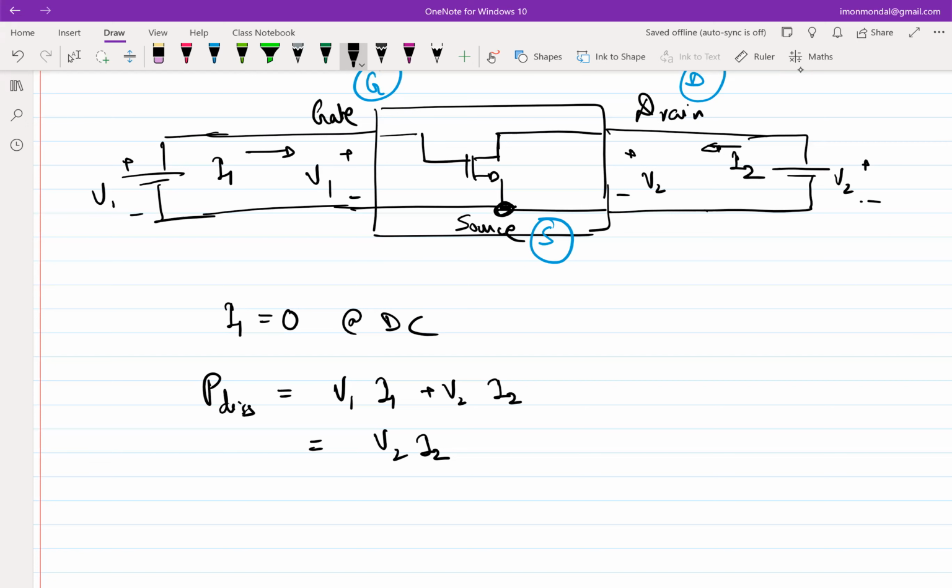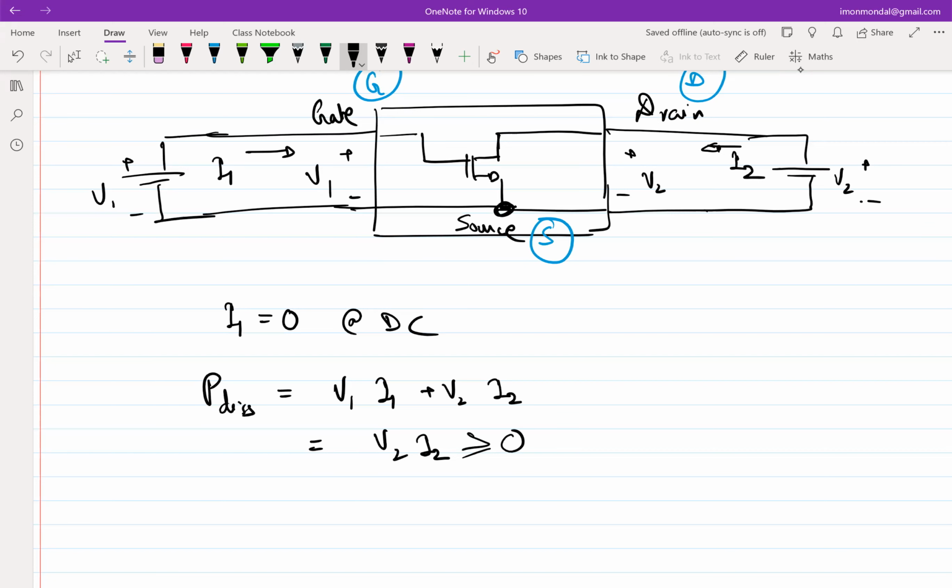So it doesn't have any battery. Let it be. It doesn't have a battery or a current source inside, so it cannot generate power on its own, right? So this has to be greater than or equal to 0 at least. This is simply by the law of power conservation.